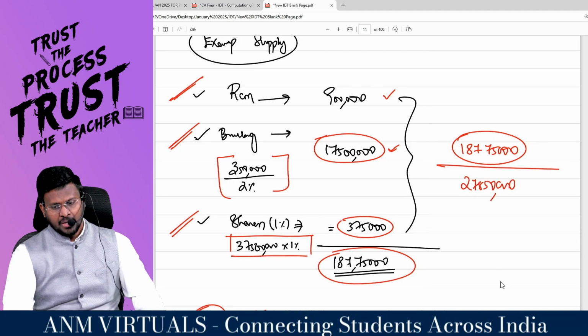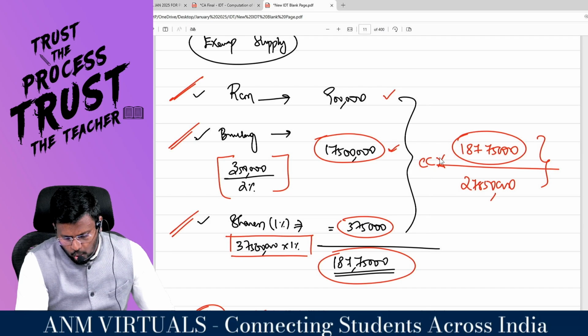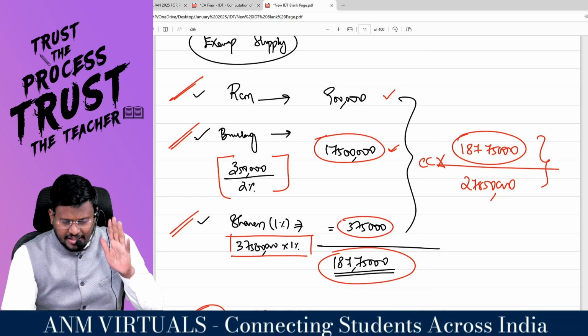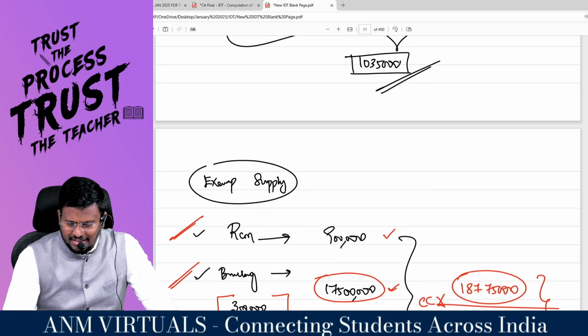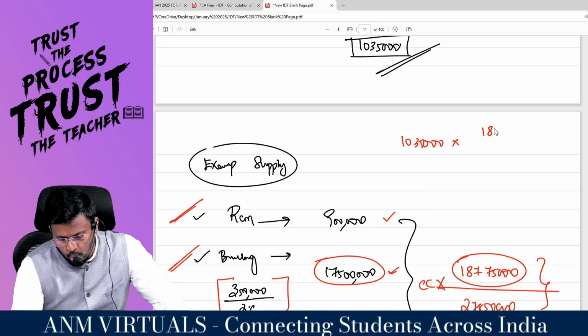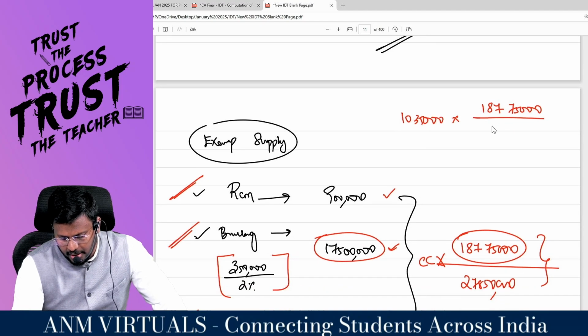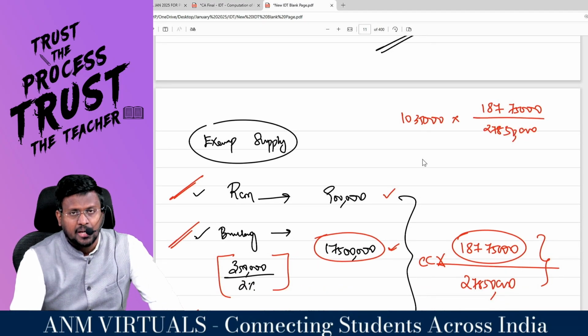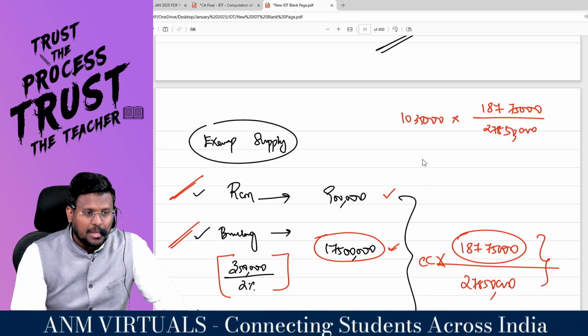Are you all really with me? My dear lovable students, this into common credit. Have you got the common credit? Yes, sir. I already know that 10 lakh 35,000 is there. So 10 lakh 35,000 into 1 crore 87 lakh 75,000 divided by 2 crore 78 lakh 50,000 will be the share of exempt turnover.